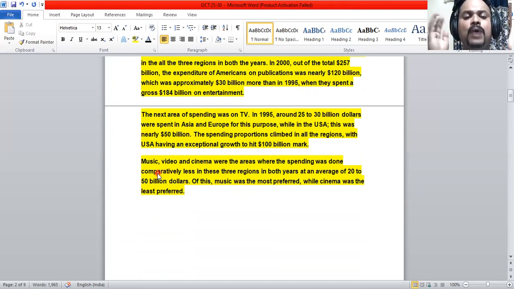Music, video, and cinema were the areas where the spending was comparatively less in these three regions than publishing and TV. In both years, it was an average of 20 to 50 billion dollars.